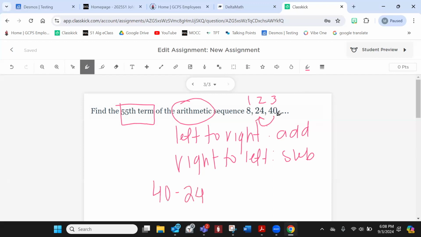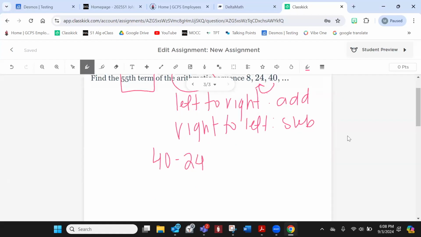And then I'm going to do it one more time. 24 minus 8. Both of these numbers need to end up being the same thing. If it's not, then it's not arithmetic. All right, so 24 minus 8, 16. 40 minus 24, 16.